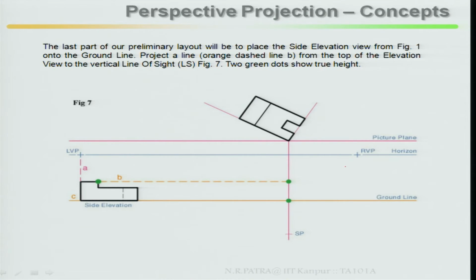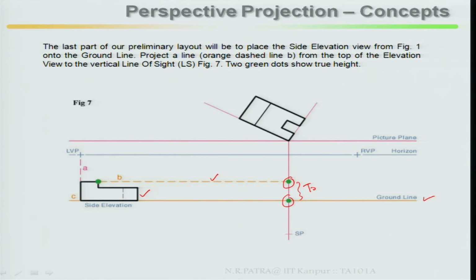If this is my ground line, place the side elevation or side view along the ground line, project a line, orange dashed line, from the top of the elevation view to the vertical line of sight. It has been projected to the vertical line of sight, projected back. Two green dots show the true length. If it is projected back, it is your true length.